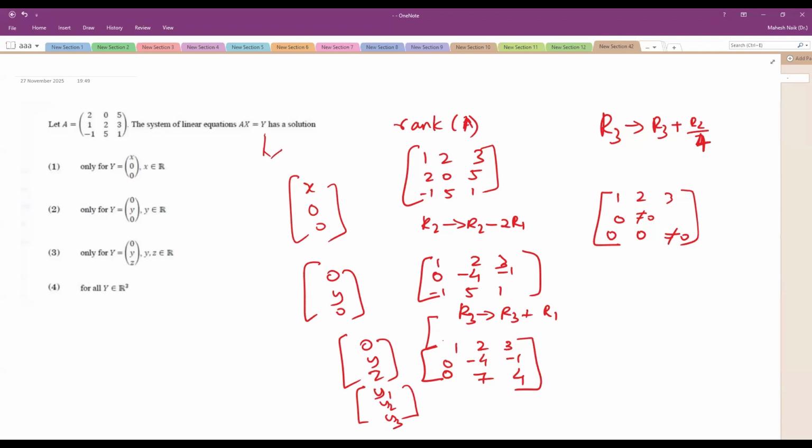It's option 4, because there is no condition as such required on the right hand side, because it is not affected by what we have in A, the coefficient matrix. So given any y in any form, we will have a solution of the system.